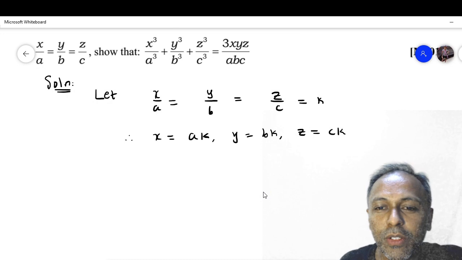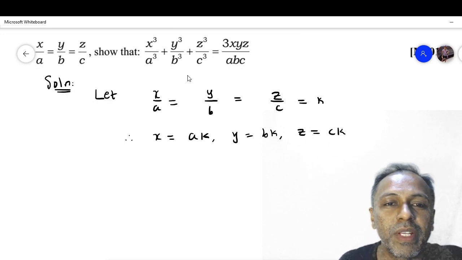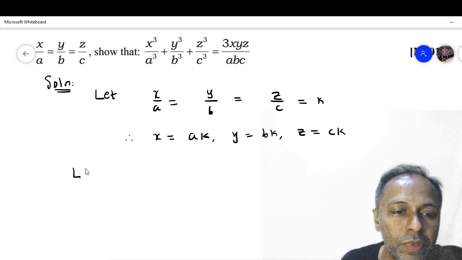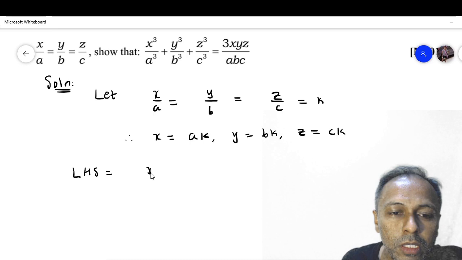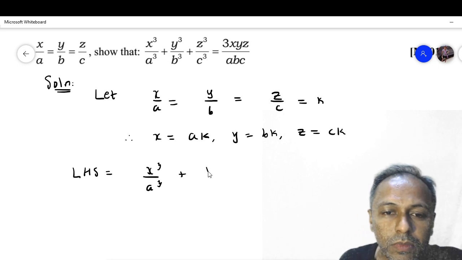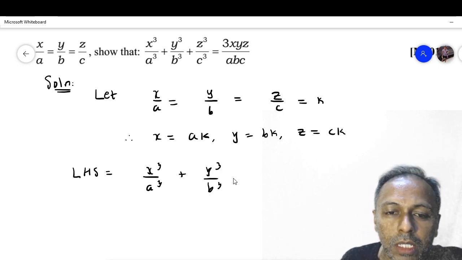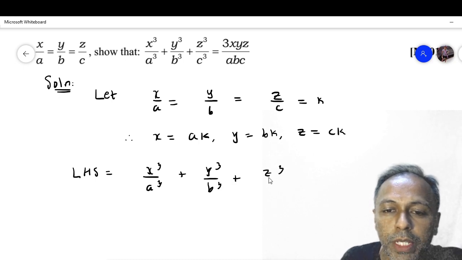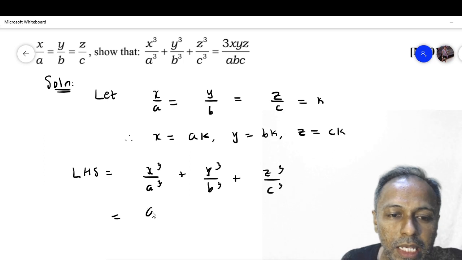Now there is no need to look from right to left as what we had seen before. Simply we can substitute this in left hand side. So our left hand side is x cube upon a cube plus y cube upon b cube plus z cube upon c cube. In place of x we can substitute ak.